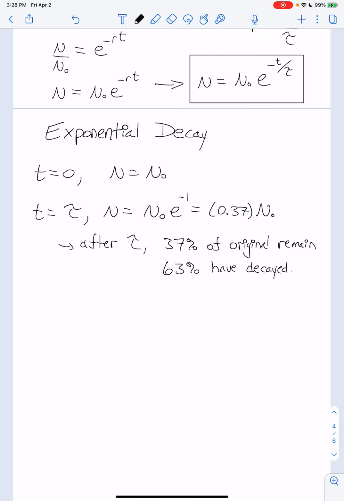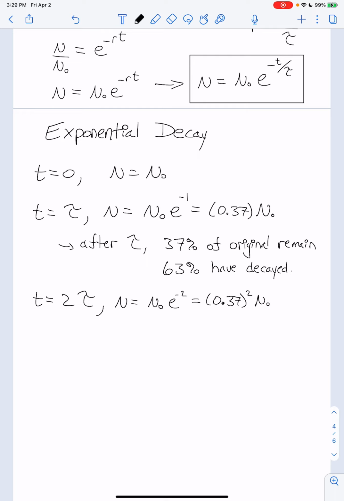Now, if t is equal to 2 tau, then N is going to be equal to N naught e to the minus 2. That means 0.37 squared N naught.